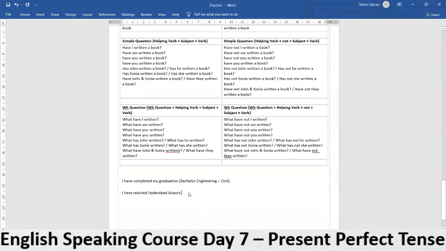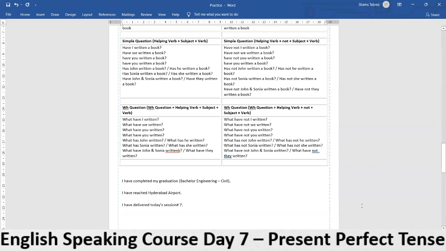So in this way, now let's say right after today's session, I can say that I have delivered today's session number 7, right after completing today's session. So I can say I have delivered today's session. Okay.